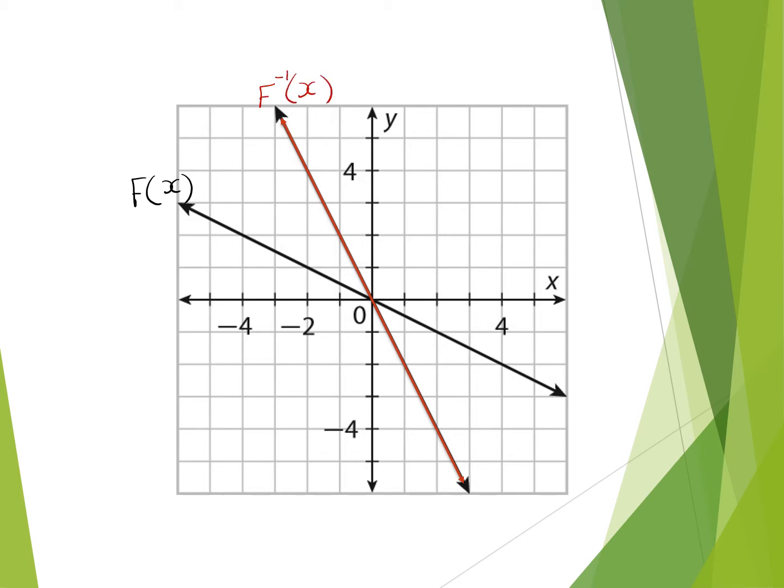Let's see how to know. If I have here f of x, for example this point is x is 2 and y is -1, and this point here x is 4 and its y is -2.